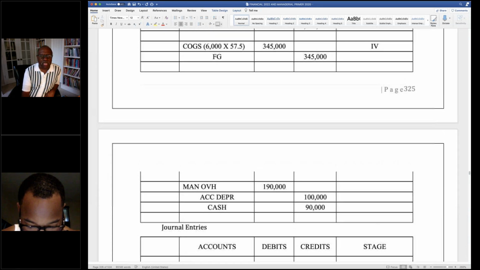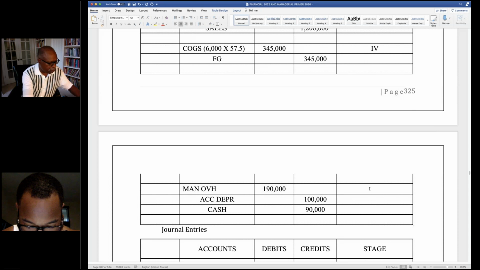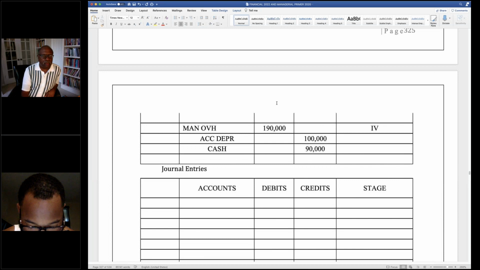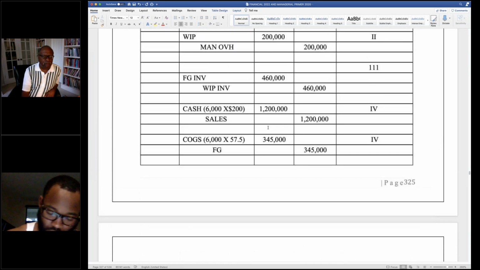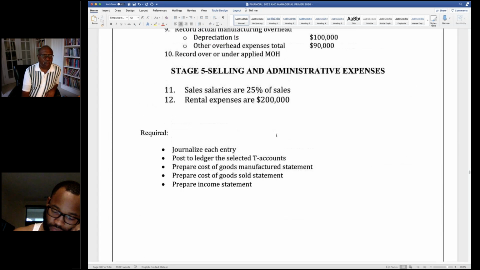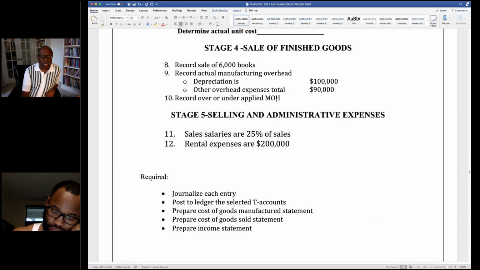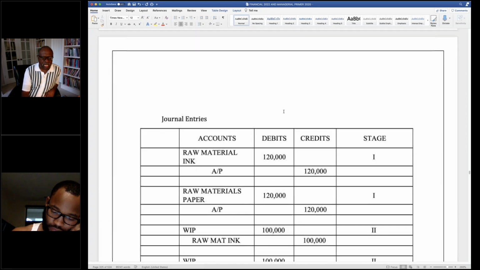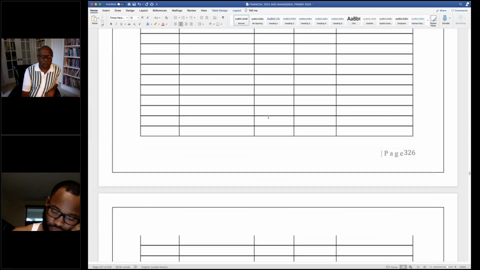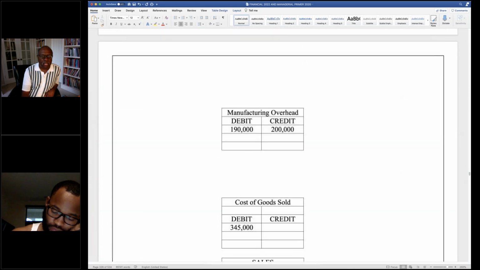Let's see, this is still stage 4. So we still now have to finish up, record over and unapplied manufacturing overhead. And when you work with this entry, as I explained yesterday, the overhead T account has to go to 0. So the only way that's going to happen, we got to debit manufacturing overhead.